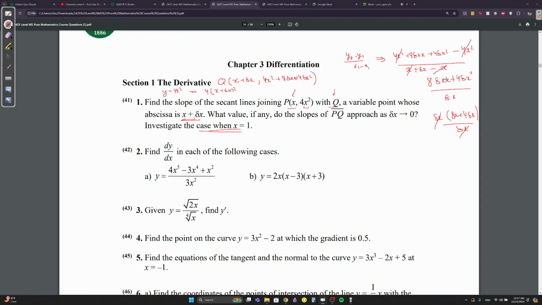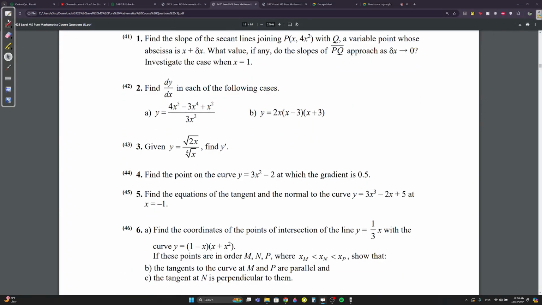Here it should have been 8x. I forgot to write the x. I don't know why they're using delta x. They should use h because it's easier to solve. Anyway, the slope is equal to 8x plus 4 delta x. As delta x approaches 0, you substitute 0 for delta x, and the slope approaches 8x. When x equals 1, the slope approaches 8. Okay? Very easy.